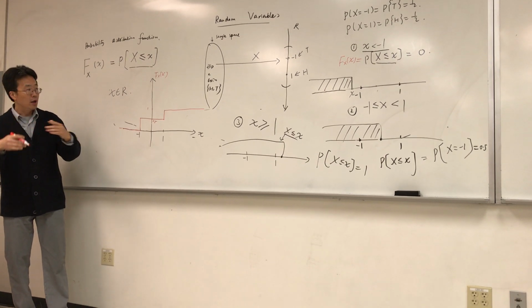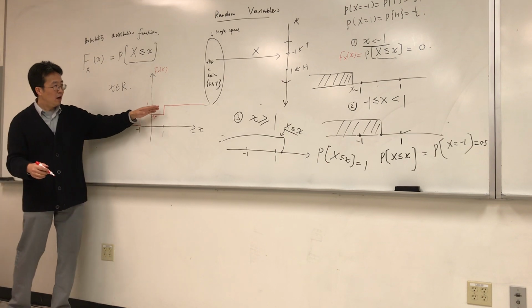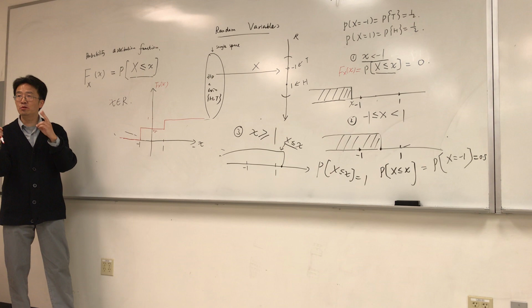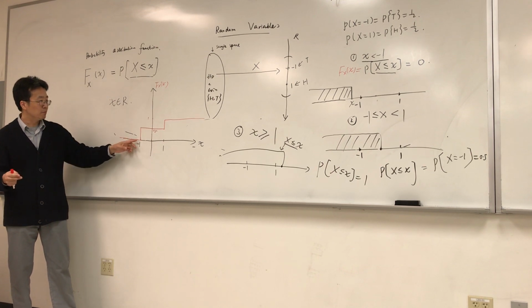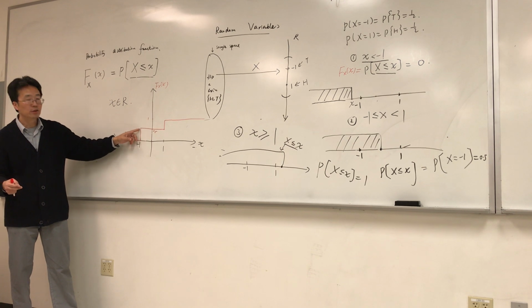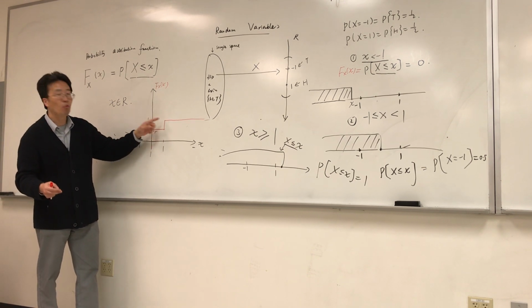Also pay attention here, this function is obviously discontinuous. There are 2 discontinuity points at -1 and 1. Here it jumps from 0 to 0.5, and here it jumps from 0.5 to 1.